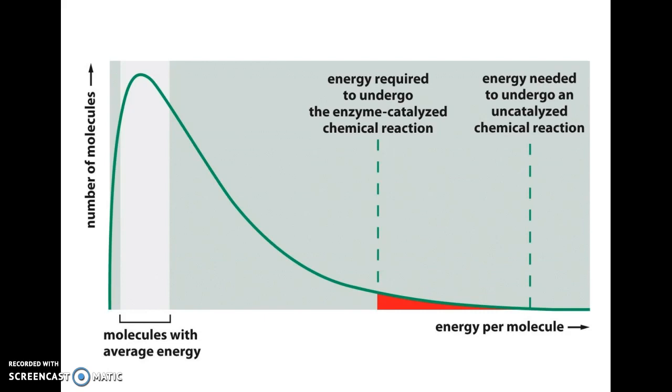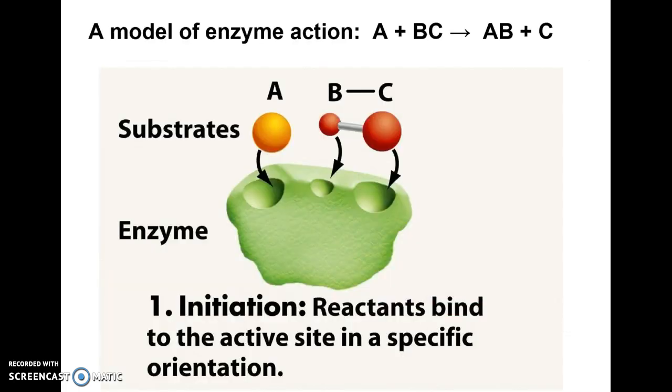The molecules that have enough energy to let the reaction proceed is going to be a very small subset of the number of molecules. And so without something that is lowering the activation energy, we are not going to be able to have very many substrate molecules interacting or undergoing the reaction.